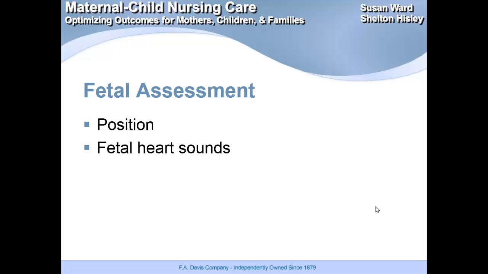Again, because it's variable, it's not correlating with those uterine contractions, and usually this is associated with an umbilical cord compression. It could lead to nuchal cord, where the cord is wrapped around baby's neck, and that's an emergency. But you're going to notice that these are more severe decelerations.